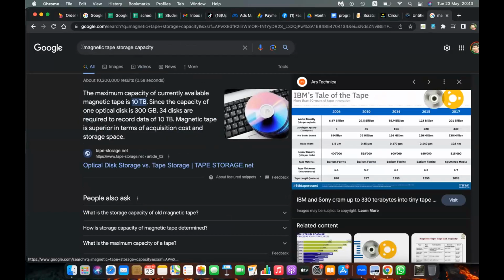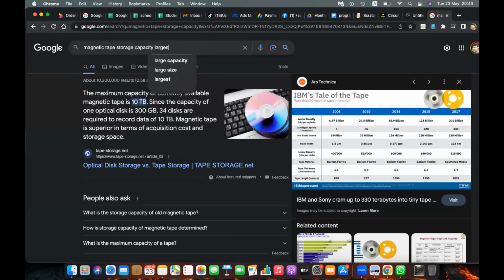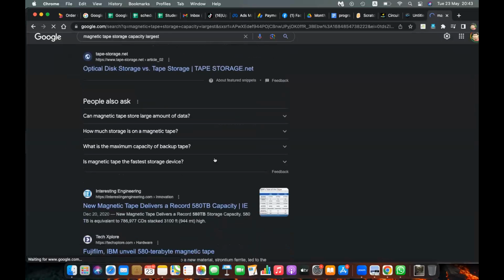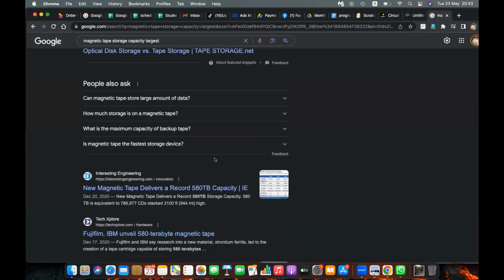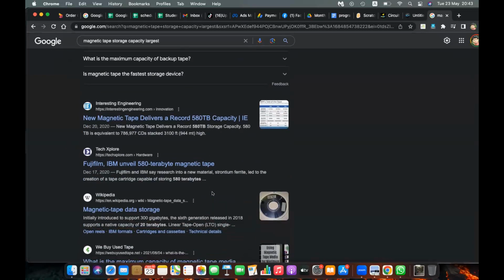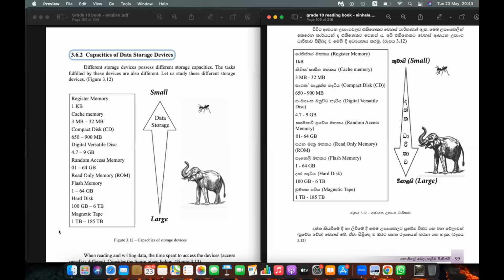Okay, here you can see 550 TB, new magnetic tapes, this is in 2020. 500, that is also wrong. So these values are changing. This is historical. Now these are changing.